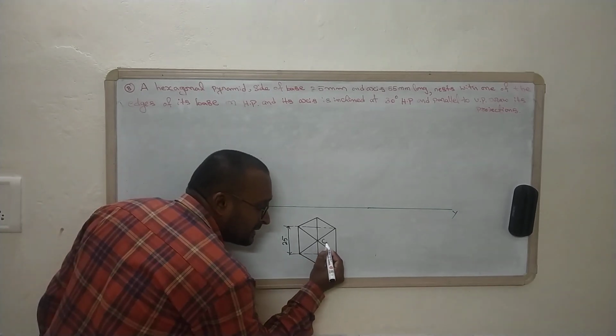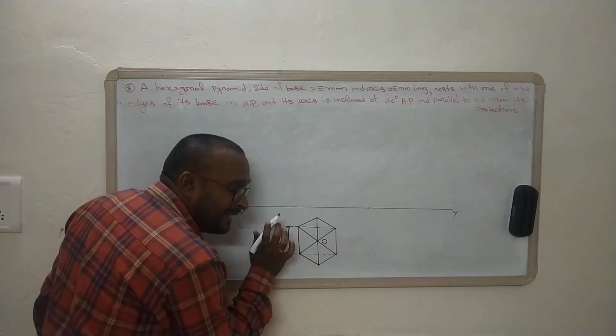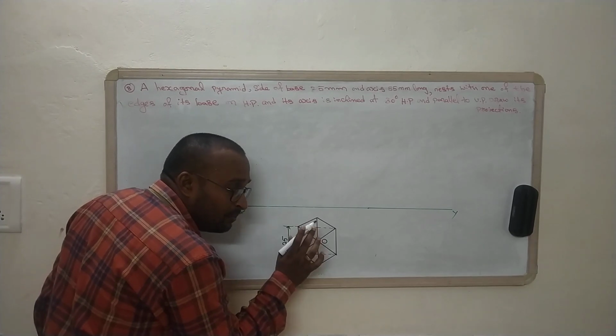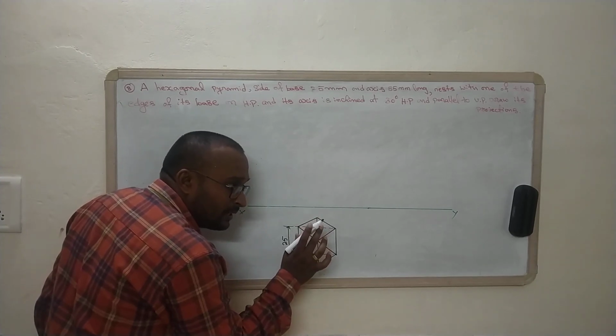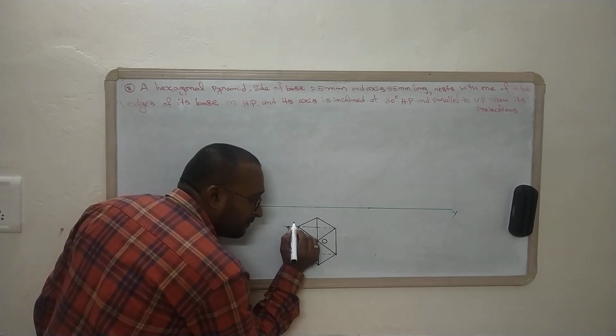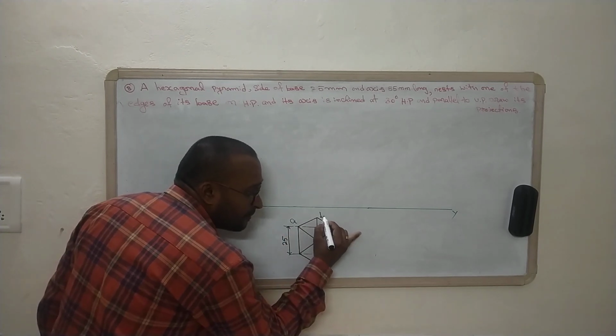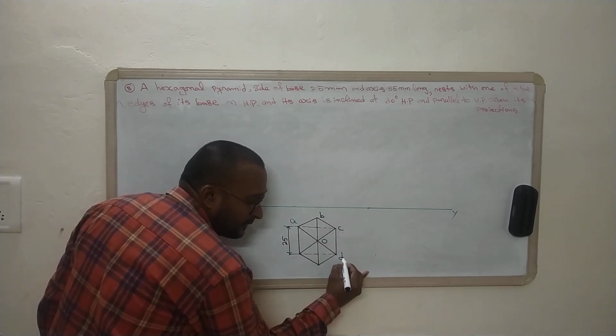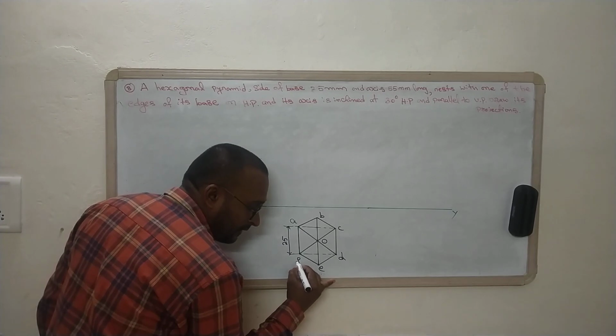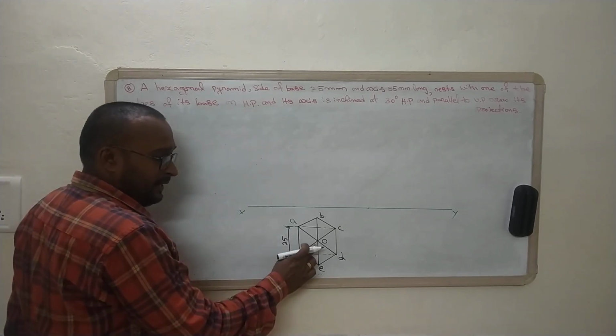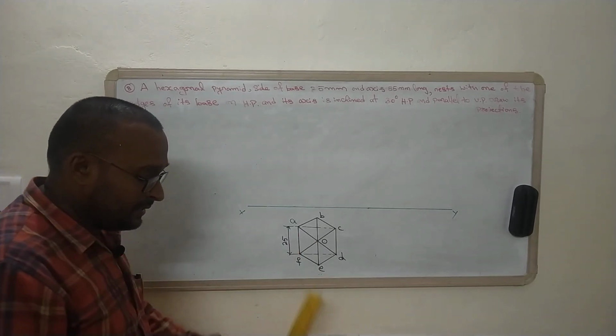Here it is the center axis O. So here A, B, C, D, E, F, right? And then exactly at center we will have O.